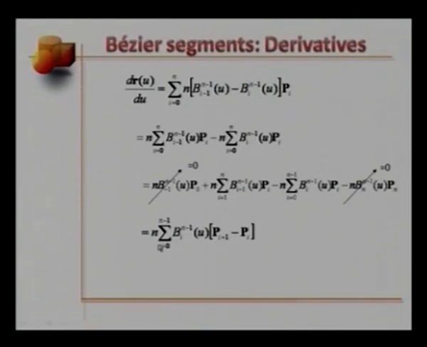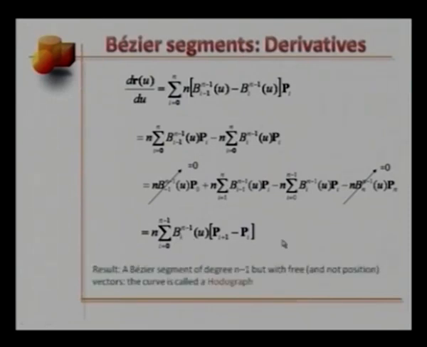The degree of this curve will be n minus 1. So, a Bezier segment of degree n minus 1 but with free vectors is obtained, and this segment is called a hodograph.